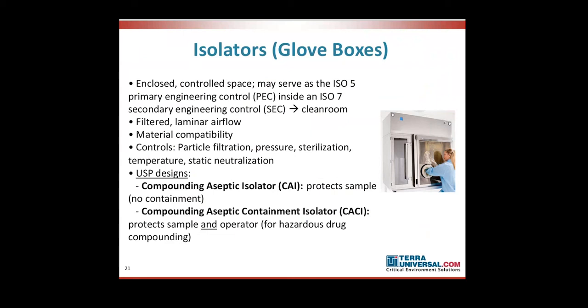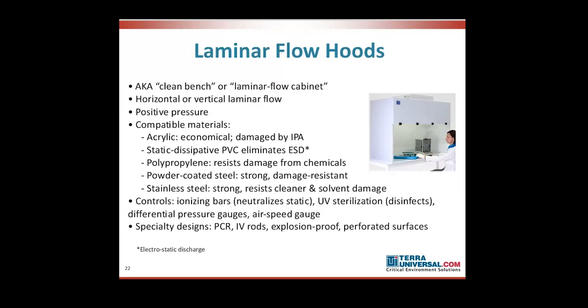And because of that, FDA inspectors would rather see an ISO 5 glove box than an ISO 5 laminar flow hood. But you may use an ISO 5 laminar flow hood for compounding of non-hazardous CSPs. Now, a laminar flow cabinet maintains the same ISO 5 conditions within the work area, but the air is passing the operator as it leaves the hood. So it's not appropriate for compounding of hazardous CSPs.